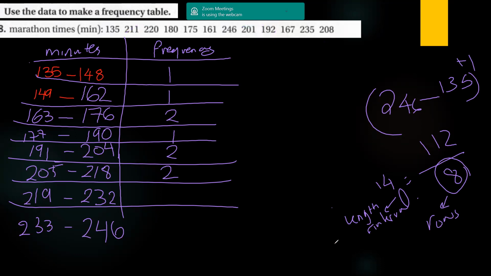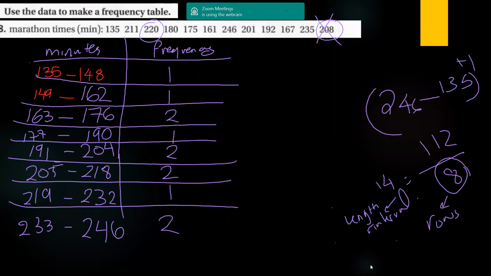No, just one. 220, 235, and 235 is greater than 232. It's up to 232. Oh, yes, only one. And 238 is not there. Okay, so only one. Now, from 233 up to 246. 2. Yes, 2.